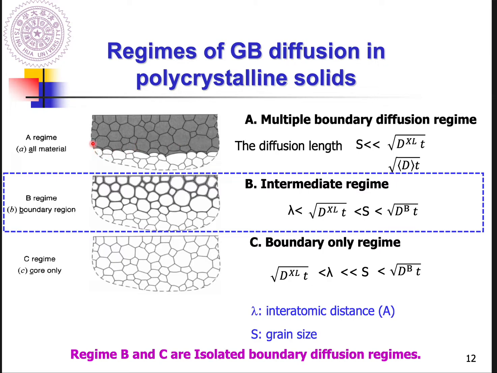But if your case belongs to A region, that means the diffusing agent diffuses through the whole material. Then if I'm interested in this location with x, y, and at t, you can simply get this based on what you learned in lecture 3.